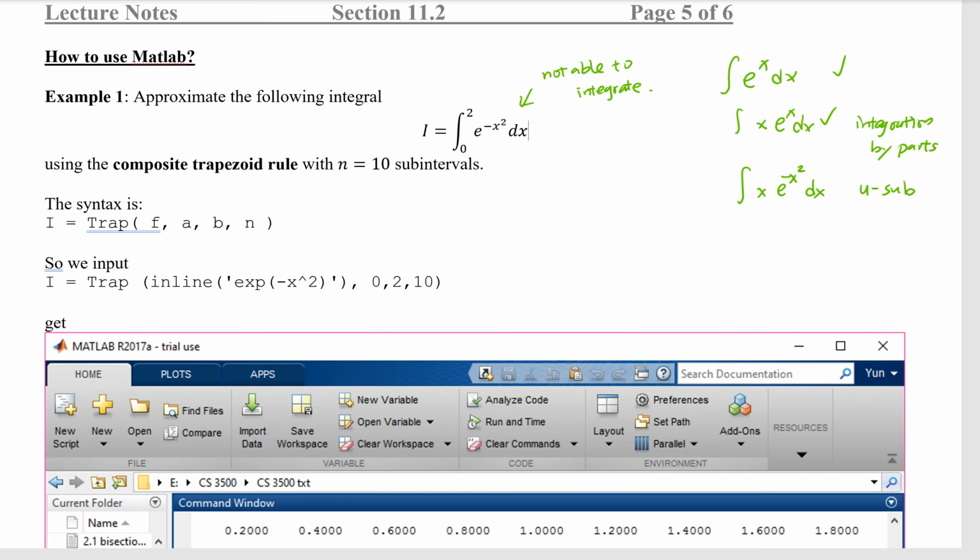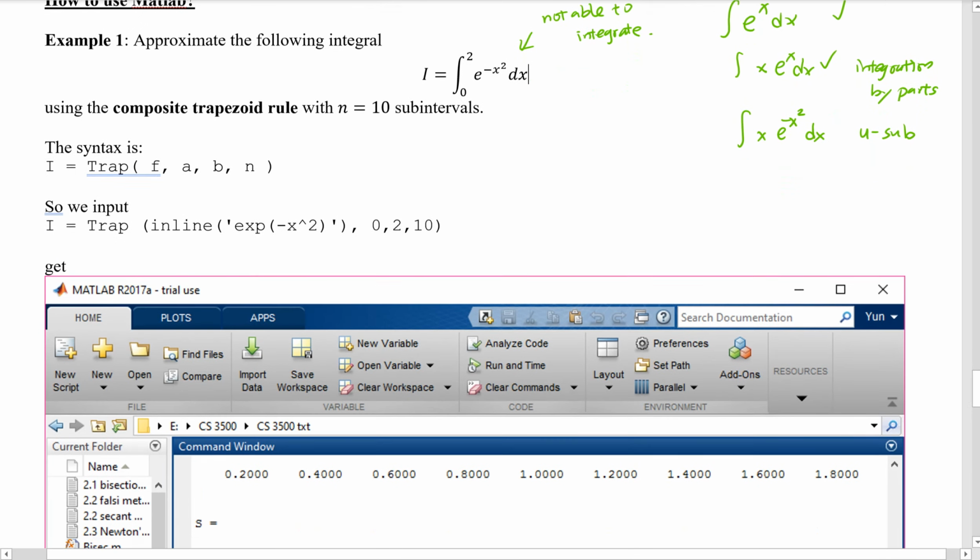So it inputs trapezoid, inline the function. When you type the exponential function, you have to type exp parentheses minus x squared parentheses. The left endpoint is 0, the right endpoint is 2, and n equals 10.